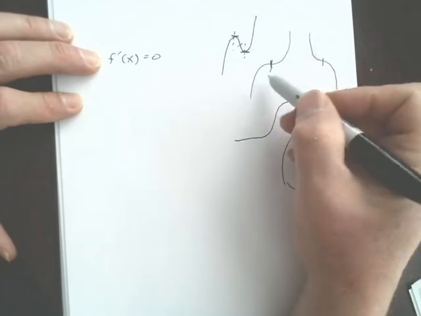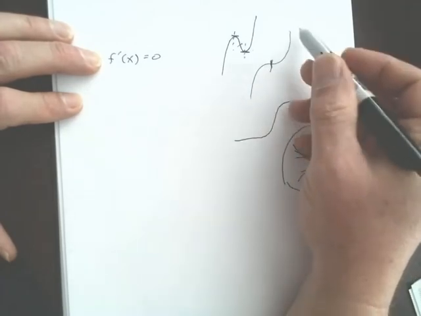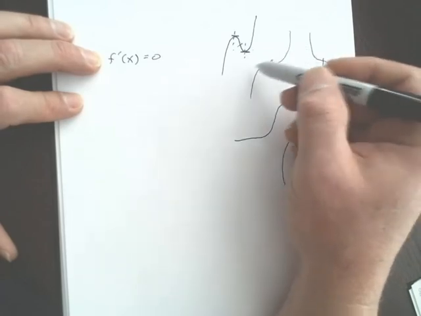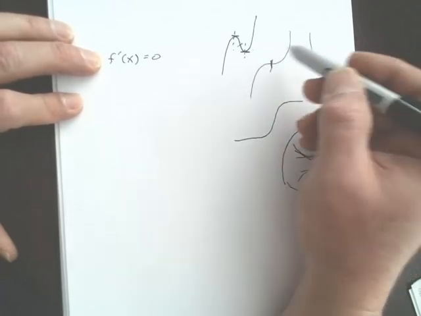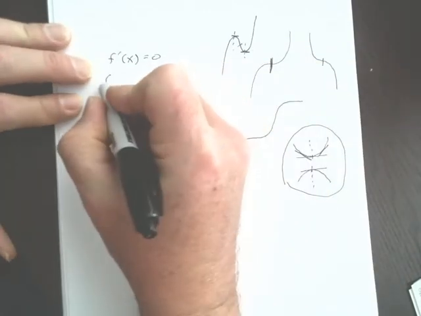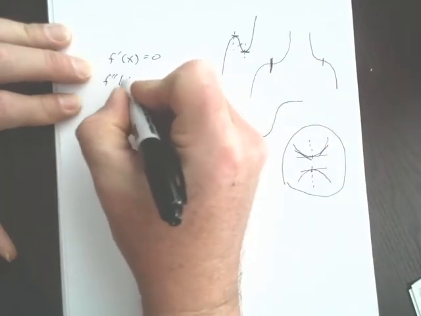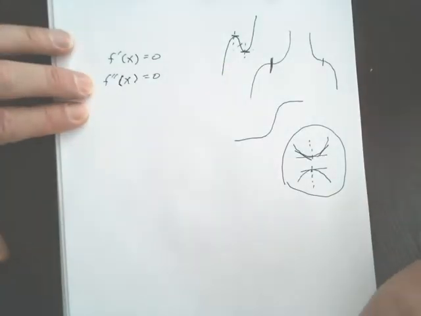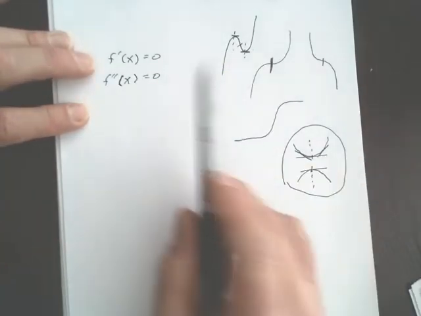Here, in a cubic function, we're looking for where the concavity changes from either concave up to concave down or concave down to concave up. How we find that point is by setting the second derivative equal to 0 and solving for x.